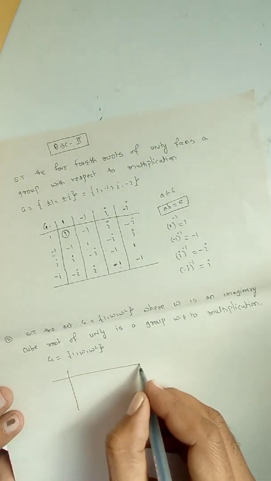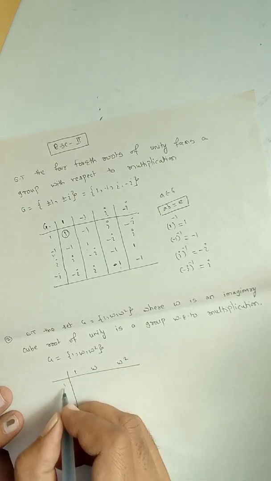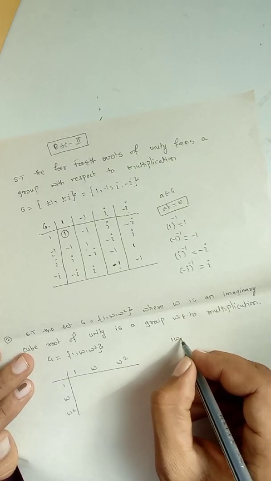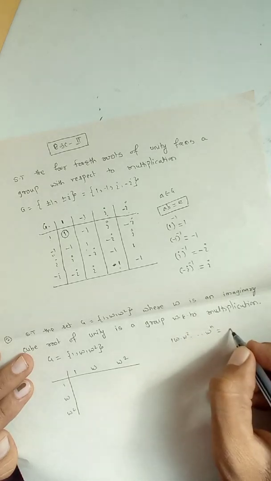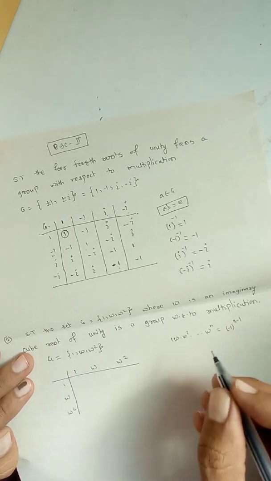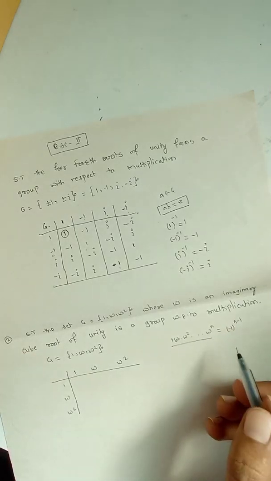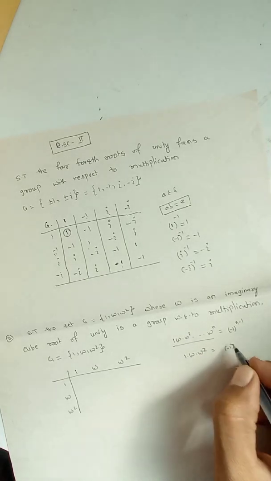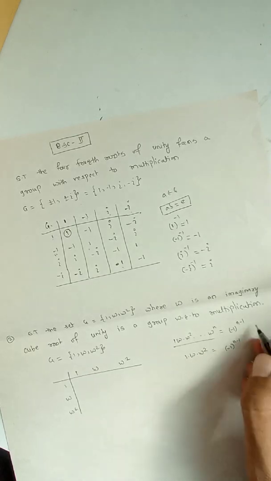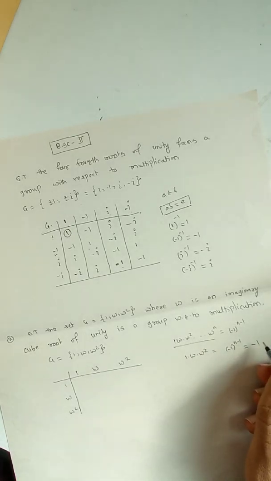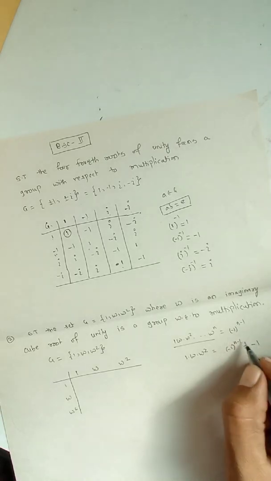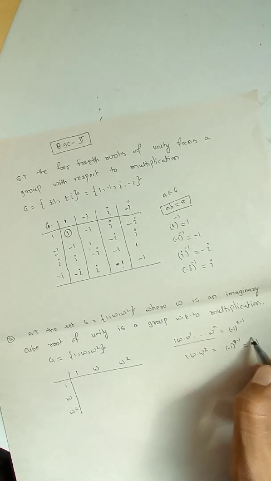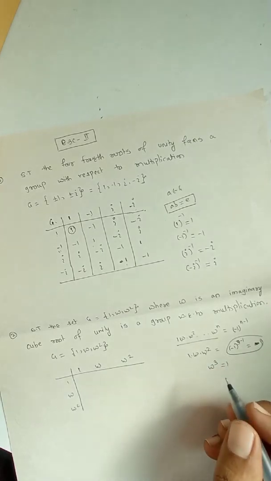Now to make the composition table of these three elements, 1, omega, omega square, we know that the nth roots of unity have product equal to (-1) raised to n-1. So omega cube is equal to 1.